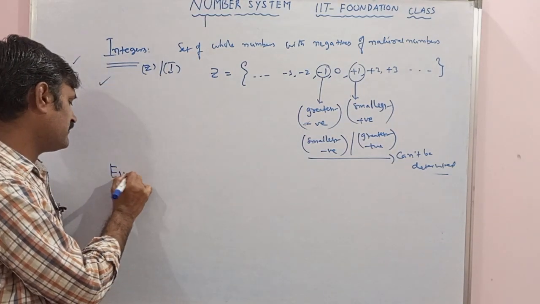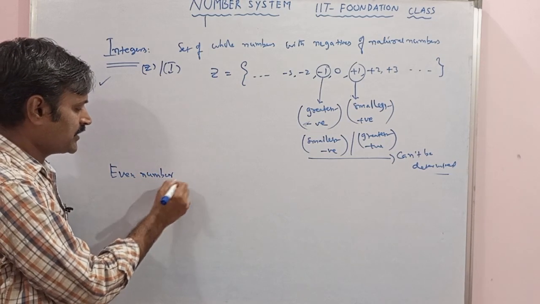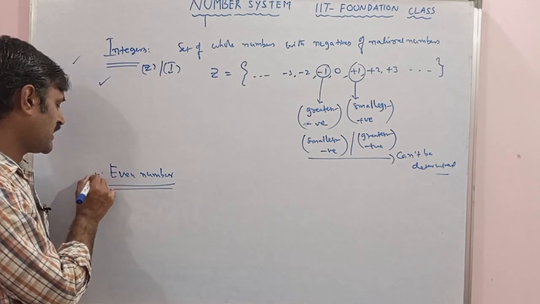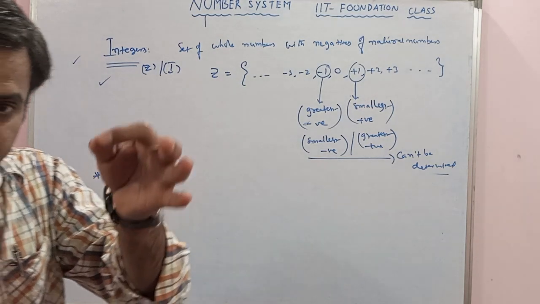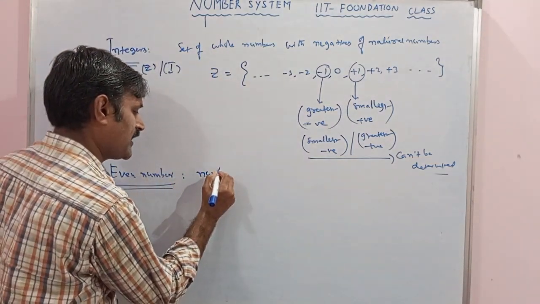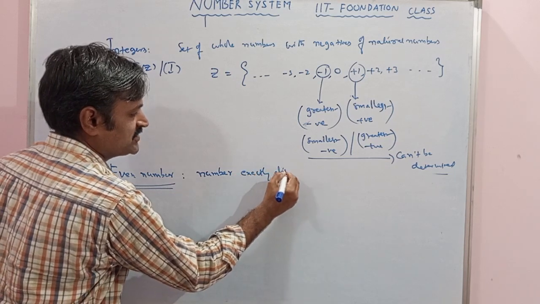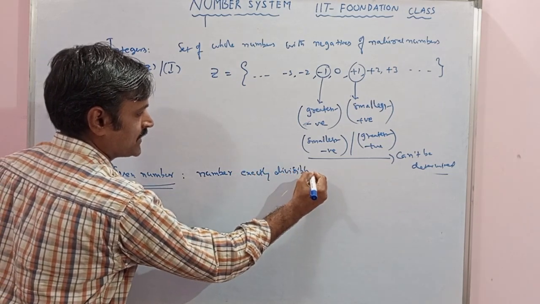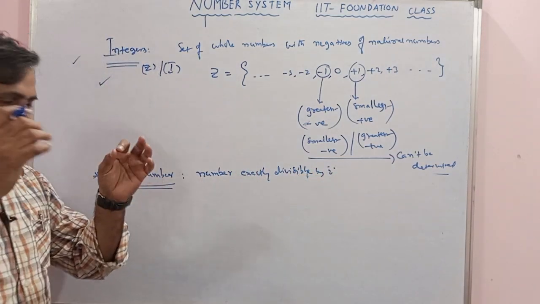Generally, we will talk about a number called an even number in the number system. What is an even number? Numbers which are exactly divisible by 2 are said to be even numbers.